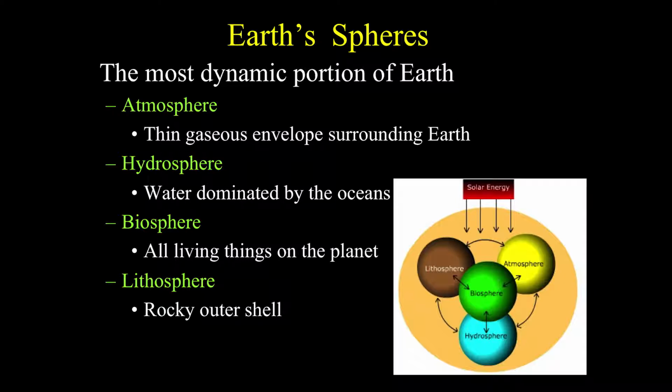Solar energy is essential to the function of each of these spheres and for the entire system. Let me reiterate. All parts of the Earth system, the lithosphere, hydrosphere, atmosphere, and biosphere, are linked. They're linked through flows of mass, energy, and life. Interactions between these realms have affected the development and evolution of our planet.